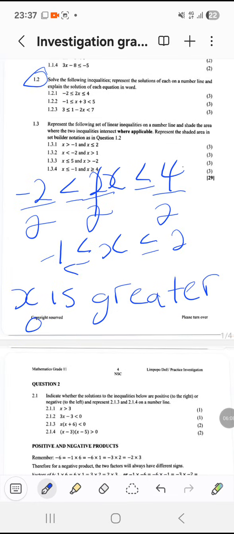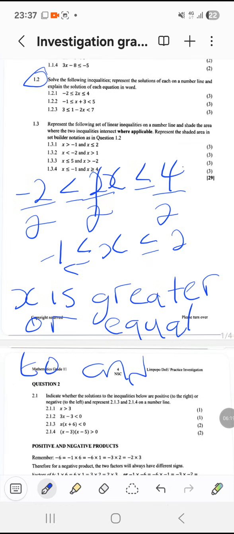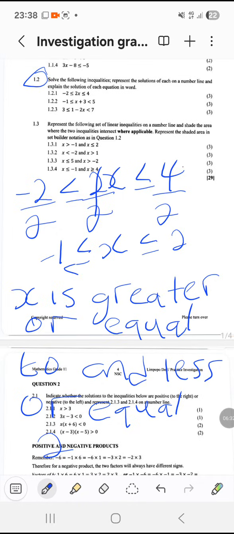Greater or equal to, and what? And less or equal to. X is greater than minus 1 and less than or equal to 2. Or you can say but. Or you can use or.